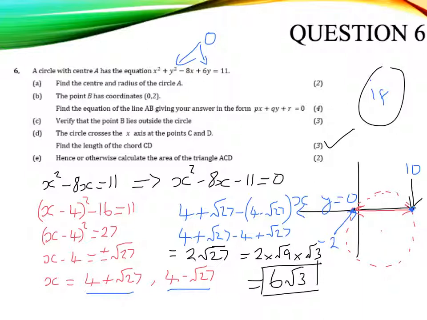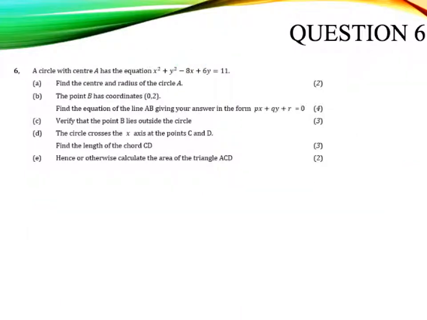E says, hence or otherwise calculate the area of the triangle ACD. So we'll have a look at that on the next slide. So ACD, that was the triangle from these points here. Now A, down here, was at the centre of the circle.